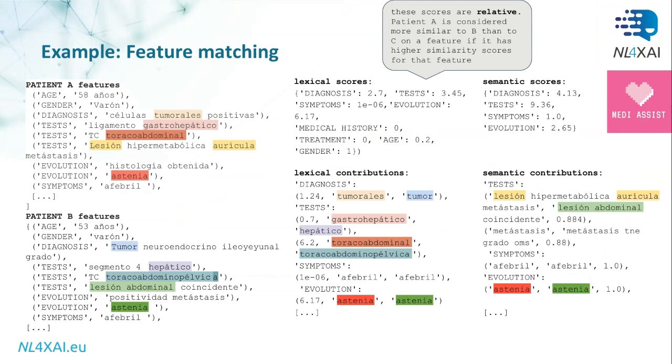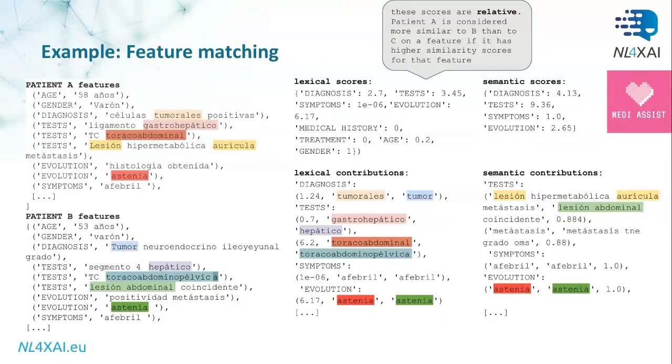As an example here, on the left we can see features of two patients, and on the right we can see what similarity scores got assigned for each of the sections to these two patients, and then also what pairs of keywords contributed and how much.